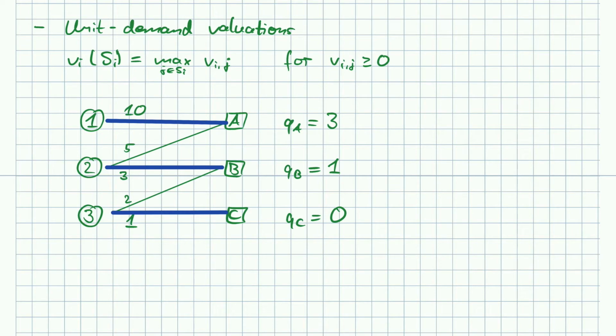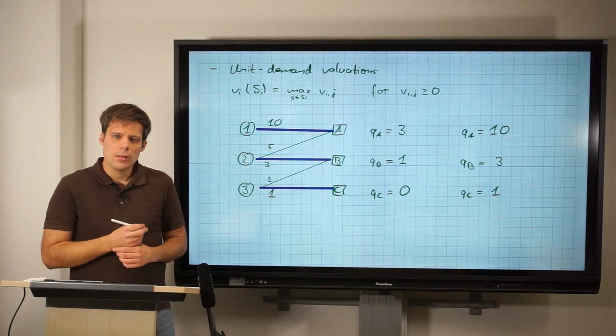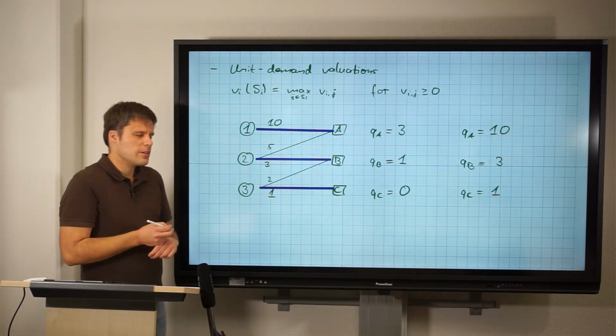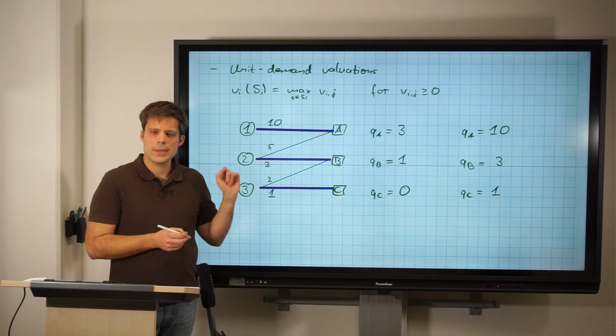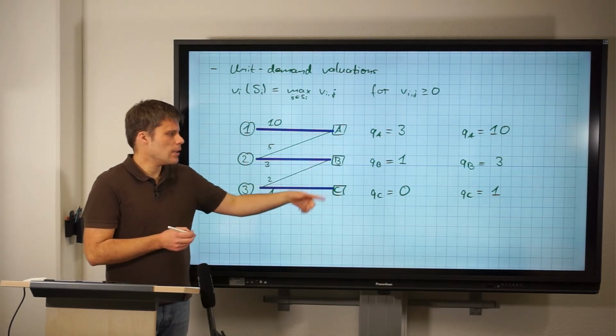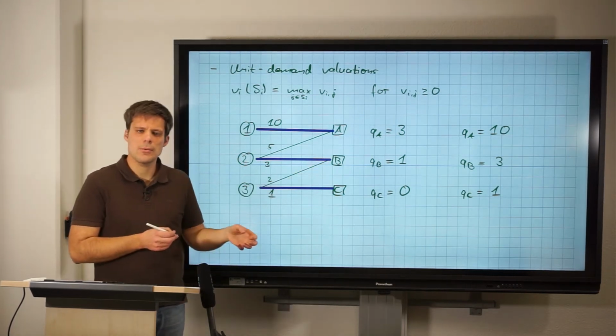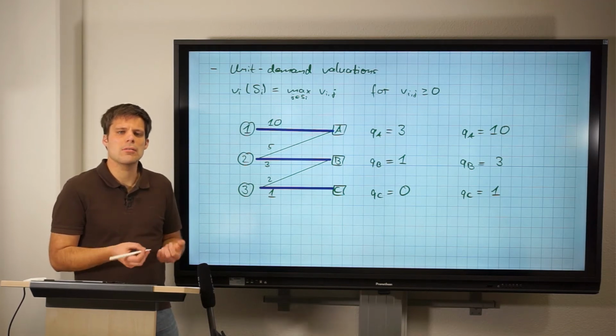But there's also an alternative Walrasian equilibrium, which uses higher prices. The first price could be 10, the second price could be 3, and the third price could be 1. Now, still everybody's happy, although, for example, buyer 2 has a value of 3 and also has to pay 3, so the quasi-linear utility would be 0.